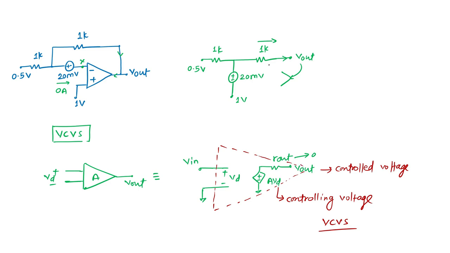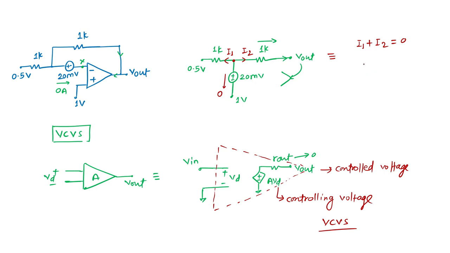This is the point I wanted to tell you. Now we can simply apply KCL at this node, because the input current is zero. Whatever current is in this branch I call I1, and this one I2, so I1 plus I2 should equal 0. This node should be 1 volt plus 20 millivolt.